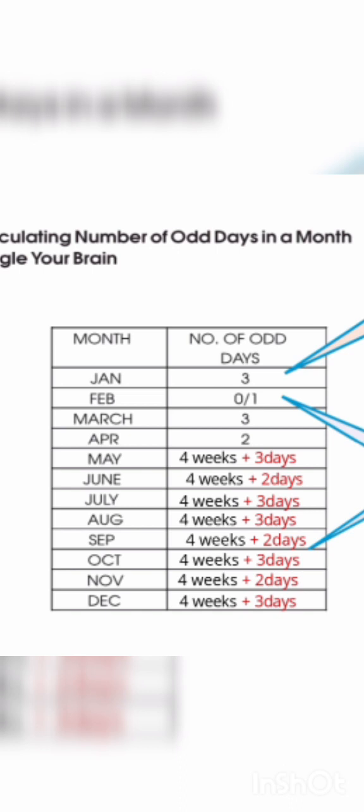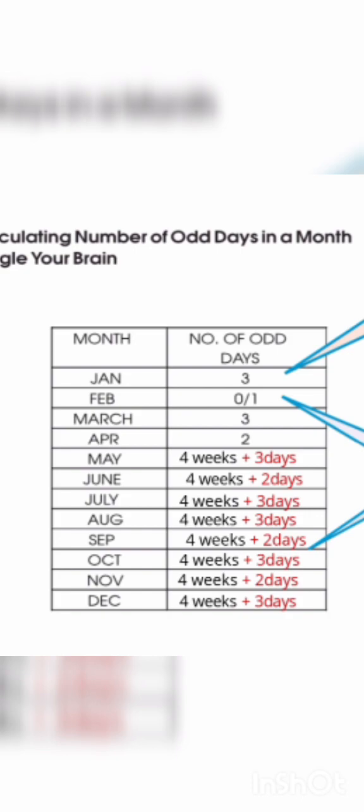Now let's calculate for the other months too. In March there are 31 days, so again there would be 3 odd days. In April there are 30 days, which means 2 days are extra. These 2 odd days are the 29th and 30th, so 2 days would be considered odd days.